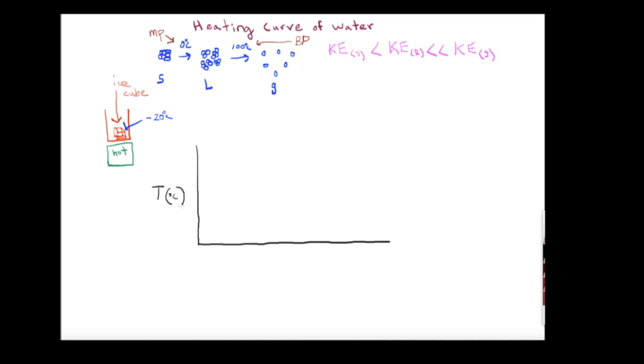So I'll list that here. And the ice cube comes out of the freezer, so we can establish a time for this, and I'm going to put that here where we start the experiment. This would be minus 20 degrees centigrade, and the horizontal axis here is going to be time. So we're collecting temperature versus time.